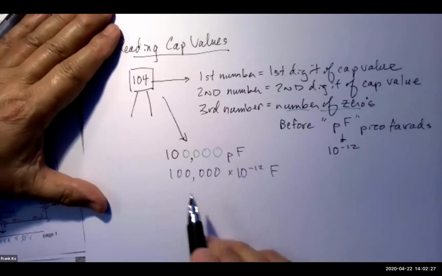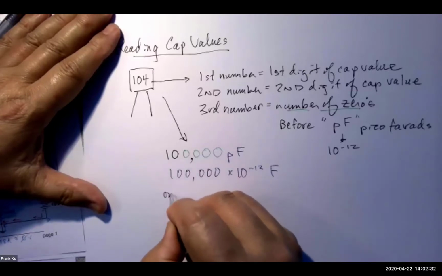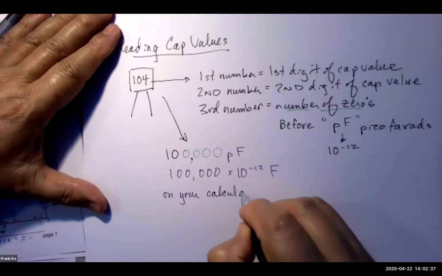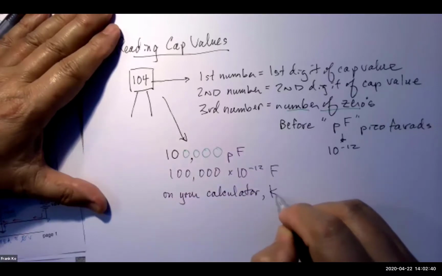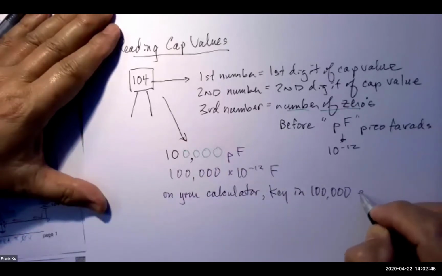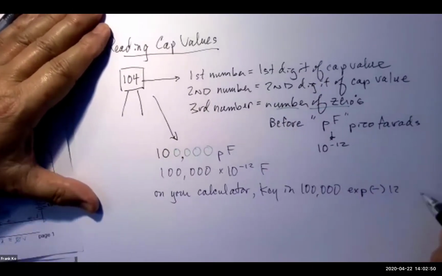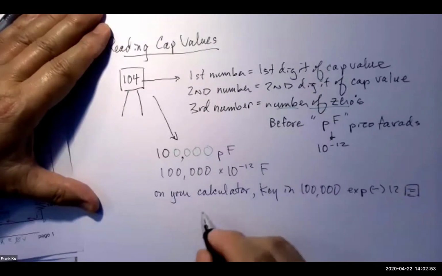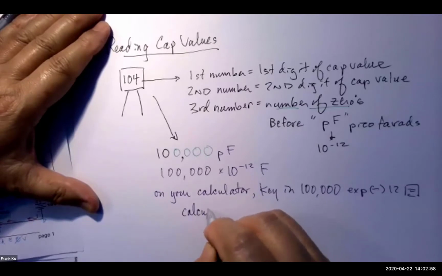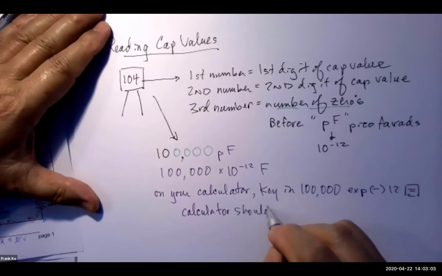In your calculator, key in 100,000, EXP, change sign, 12, and then hit the equal symbol, and see what your calculator displays.